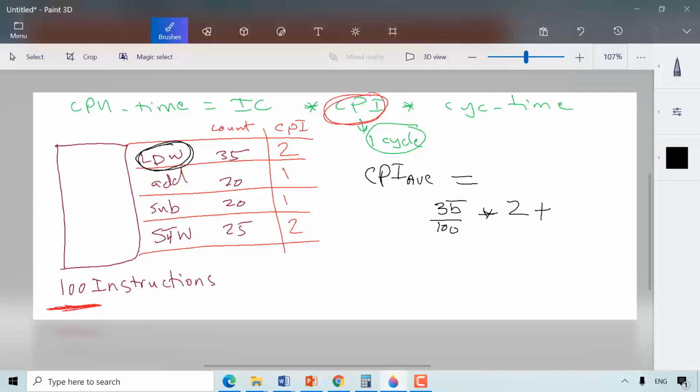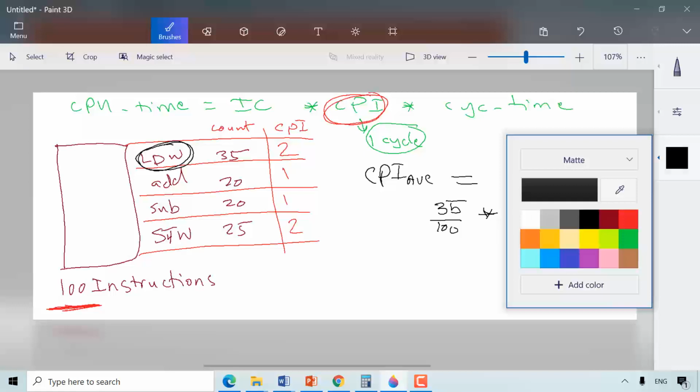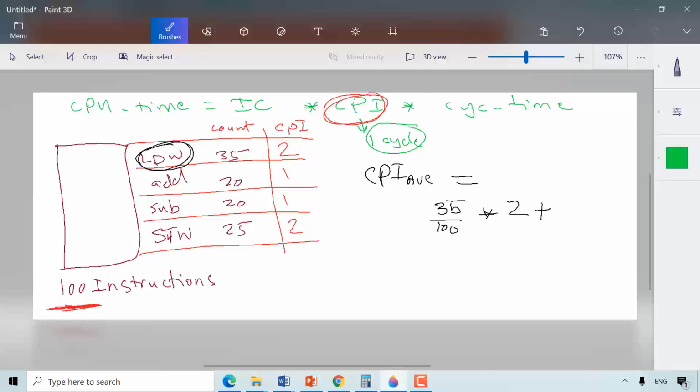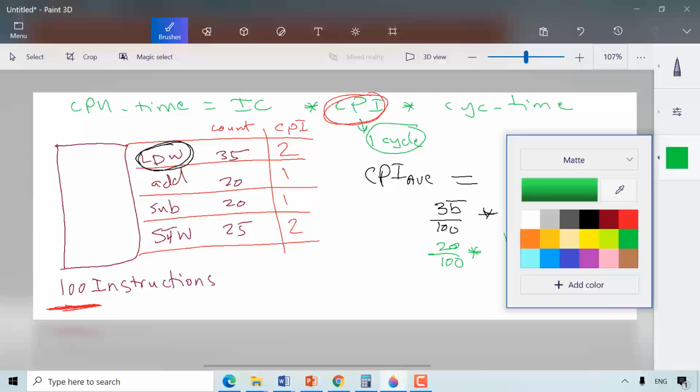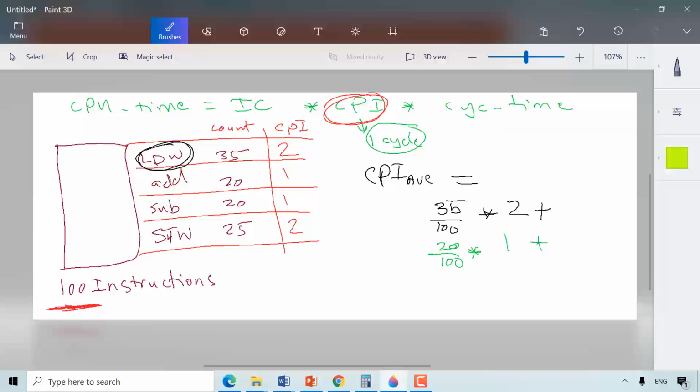Then I add to this: out of the 100 instructions, I have 20 adds, and those take 1 cycle. Then out of the 100, I have 20 subtracts, and they are 1 cycle.